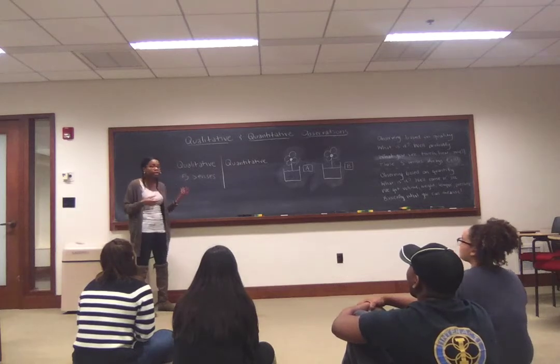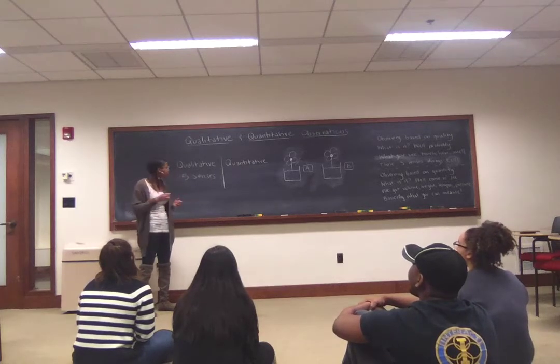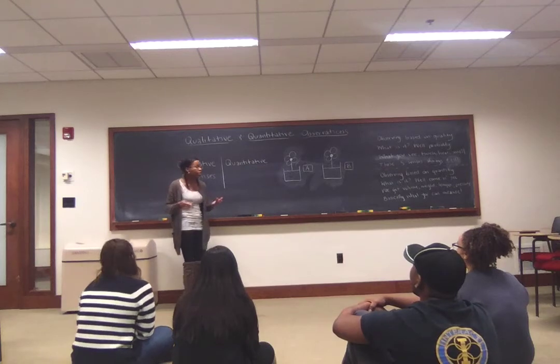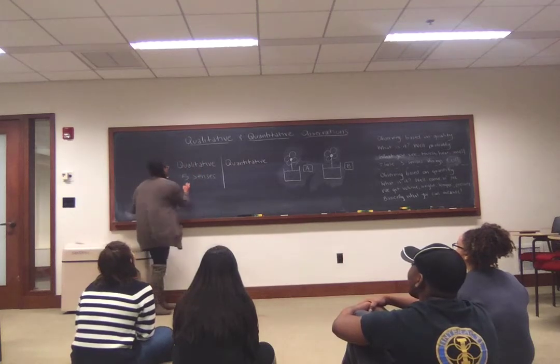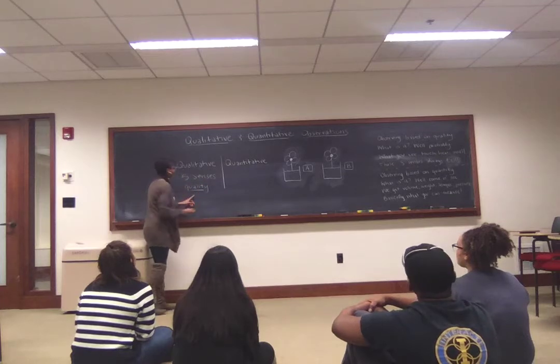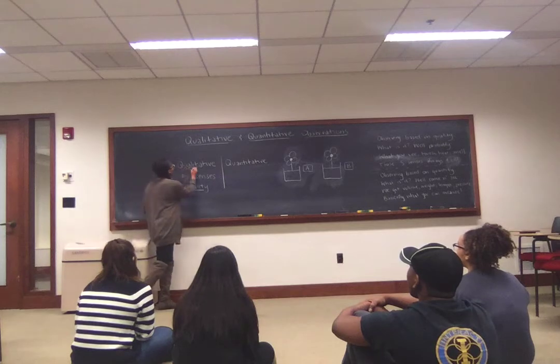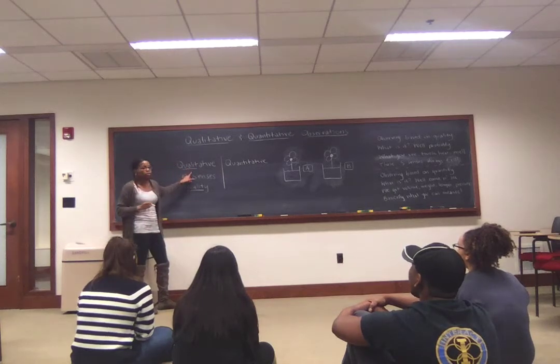It could be what you hear if the object's making some sort of noise. It could be what it tastes like or smells like in certain situations. It could be what it feels like if there's a texture. All of those types of observations are based on the quality of what you're observing. It's very descriptive. And as you can see, the word quality is in the first part of the word qualitative.